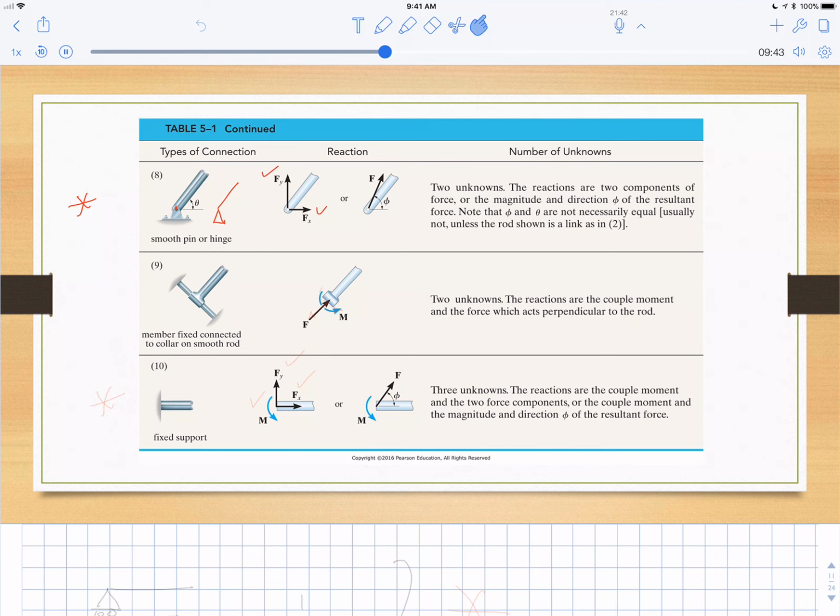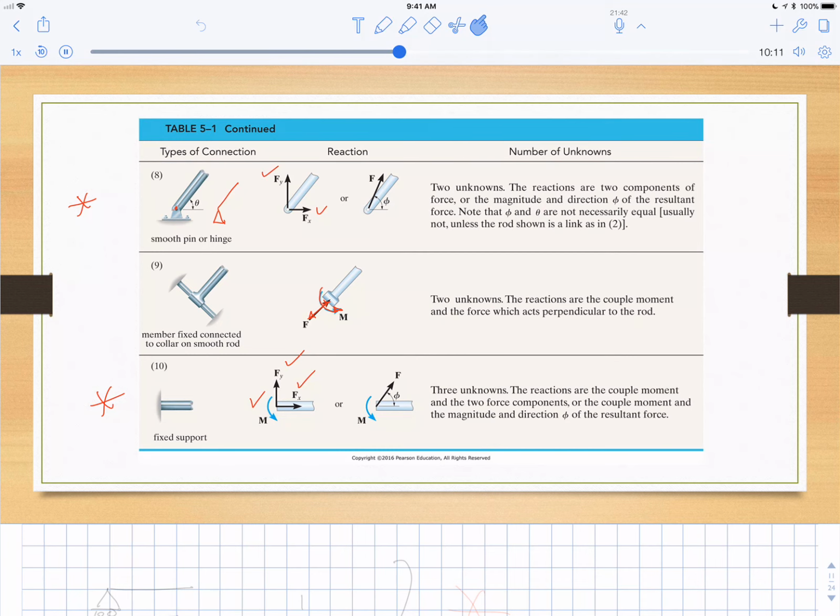I've not really seen something like this, but there's no friction along the rod, so you can have a reaction going up actually or down. But because of that T joint there, this one also has a moment. So it has a normal reaction and a moment. And finally, we have this fixed support. This is another important one. It has all three things, X reaction, Y reaction, and a moment.